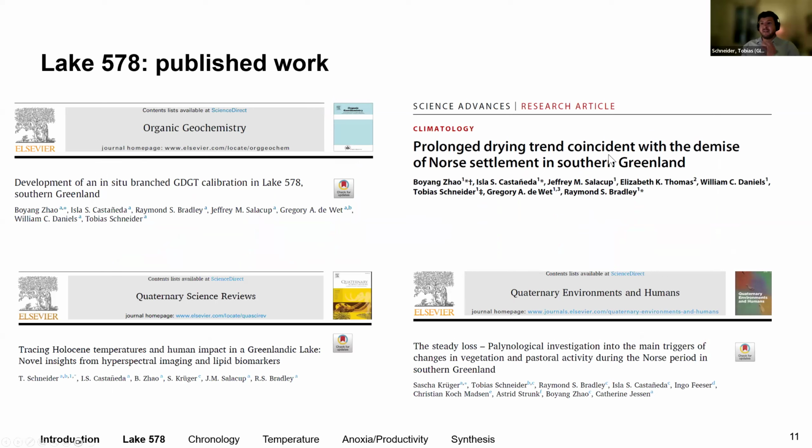So Lake 578 has been subject to this large project from Ray and Isla, and particularly driven by Boyang Chao, who was the PhD student working on it. And so some work has emerged now. In 2021, that was the first study, which basically established the very first in situ calibration for these GDGT thermometers.